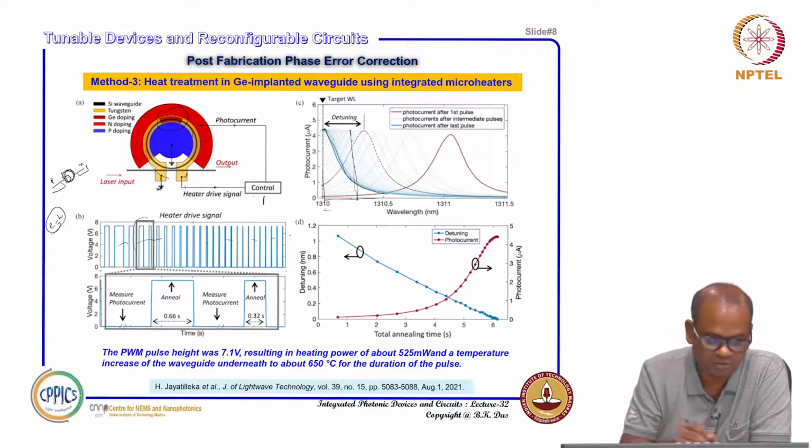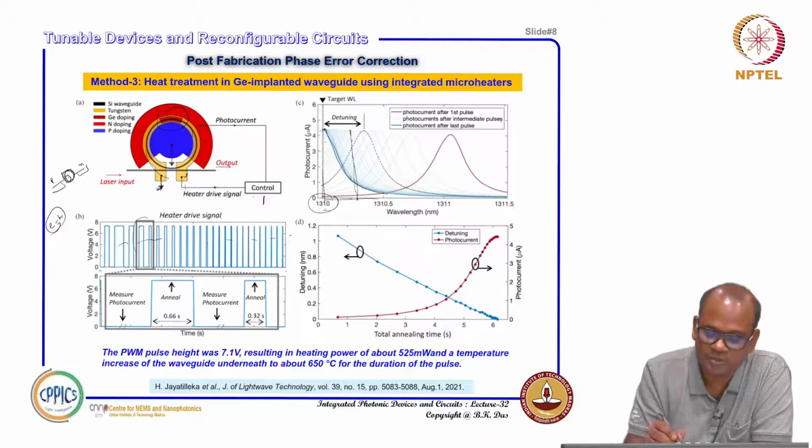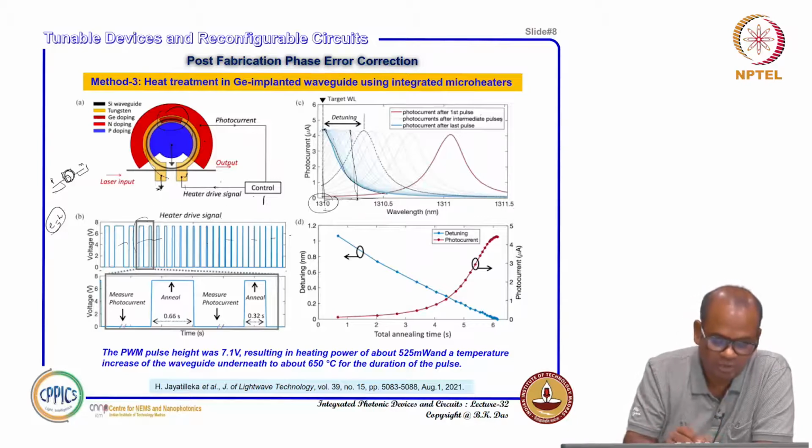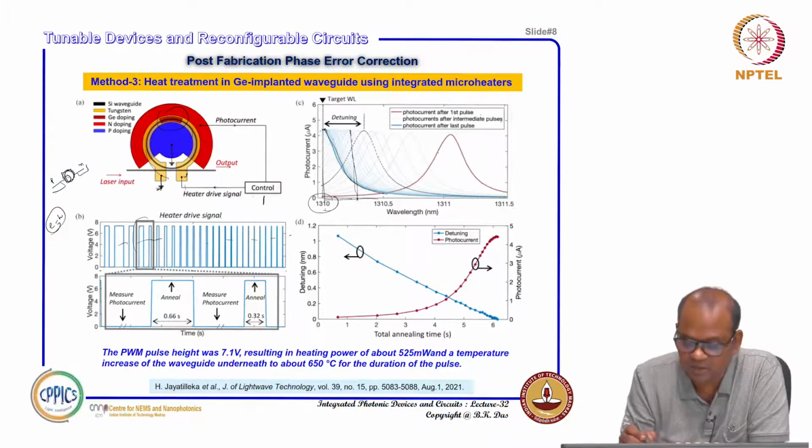As you tune your wavelength and sweep, initially the maximum photocurrent was around 1310, where you can expect that was the resonance. Now because of the voltage pulse, you are actually annealing the germanium implanted region and the refractive index is being changed, and that is why your resonance wavelength is getting detuned.